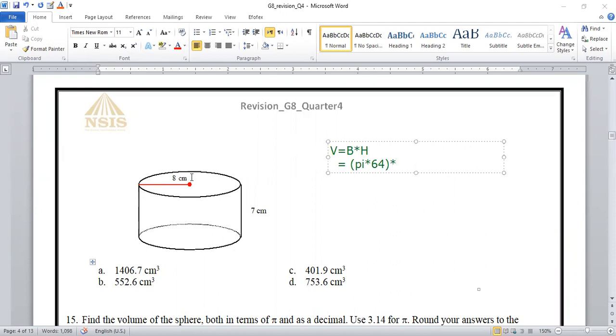Times the height of the cylinder, which is 7. By substituting pi with 3.14 times 64 times 7, we get the volume of the cylinder is 1406.7 centimeters cubed. Okay, so the answer is number A.